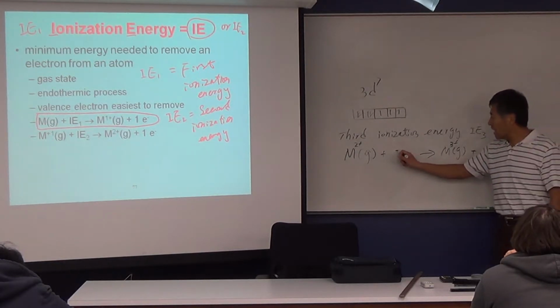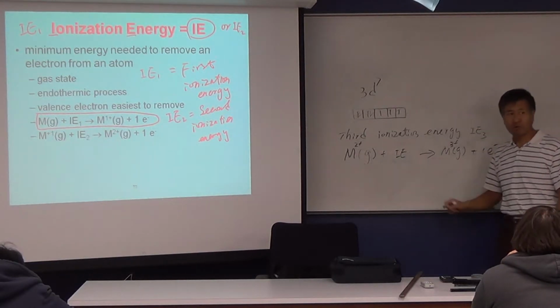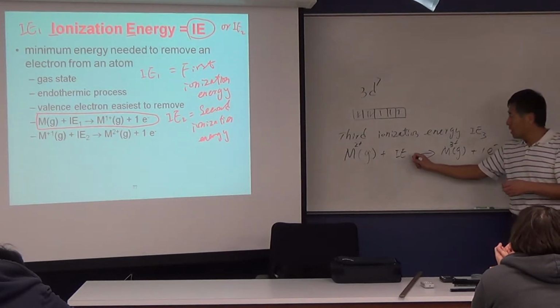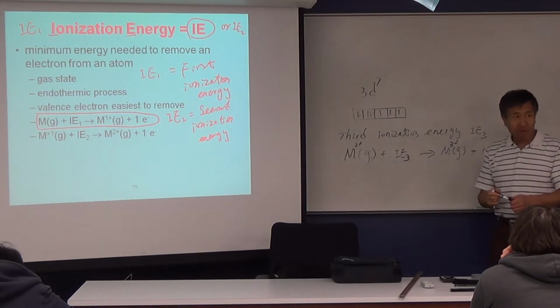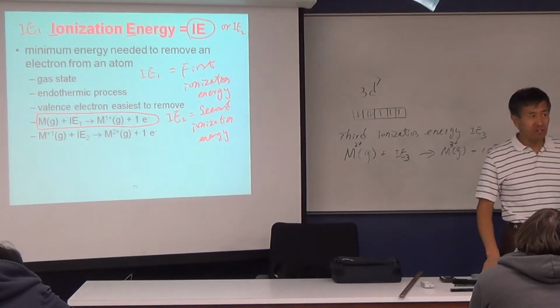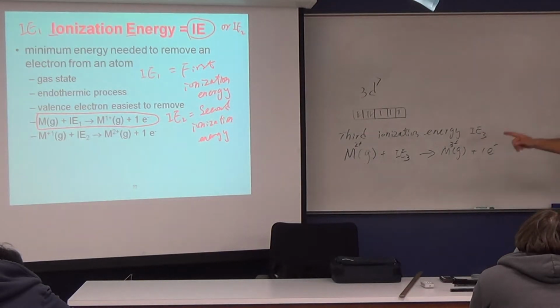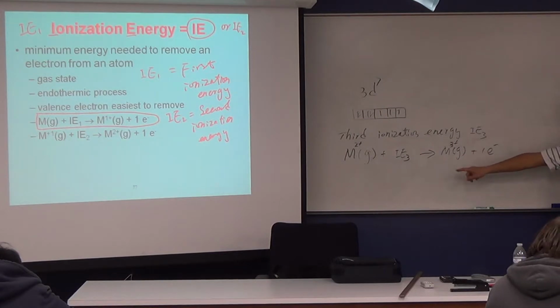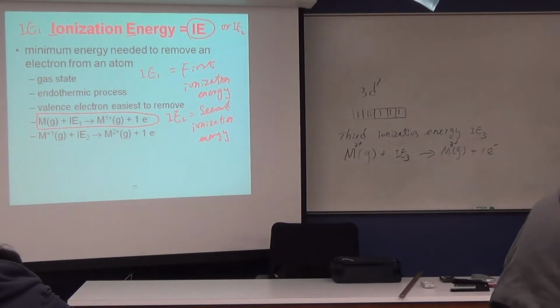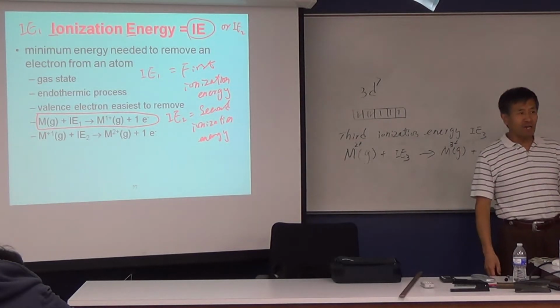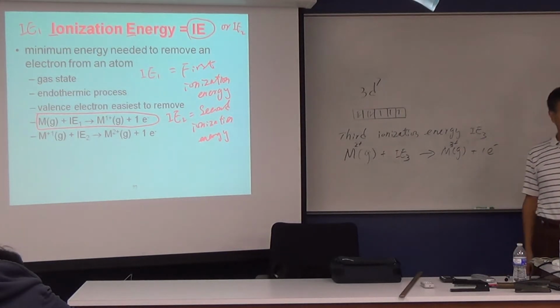Now what energy are you going to put here? This will be IE3. Alright, so this is the general pattern for those equations for the ionization process. Okay? You have IE1, IE2. They can continue with IE3, IE4, if you have that many electrons, obviously for some element you probably don't have that 3 electrons.